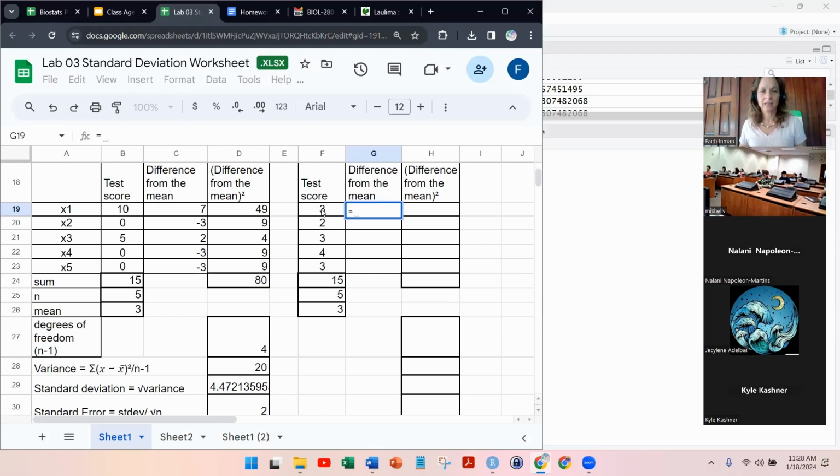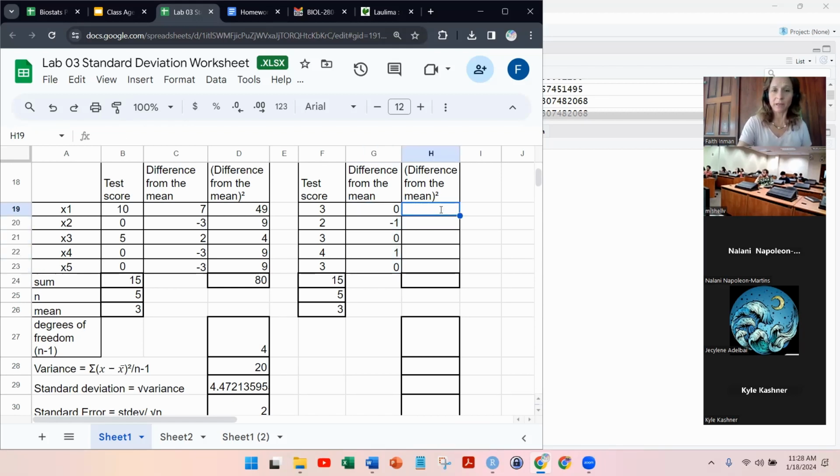Equals difference from mean, test score minus the mean, equals test score minus the mean, and we get a sum of 0 for all of them.